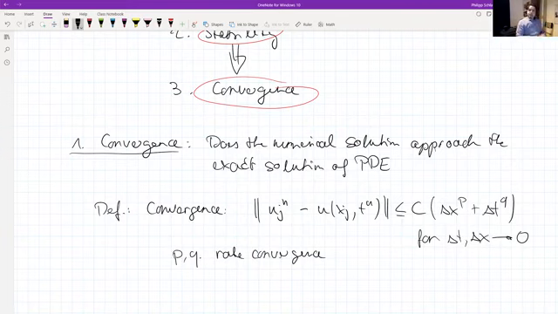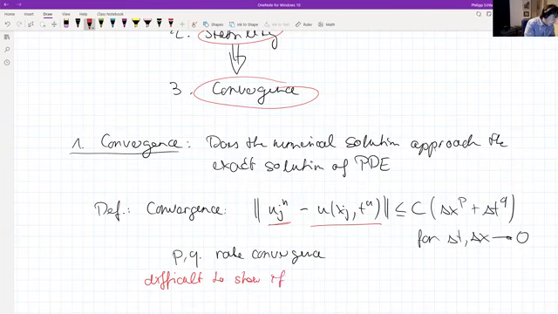So this essentially is what we want to achieve. We want to achieve that the difference between the numerical solution and the exact solution goes to 0 if the grid is refined. And as I said, this is very difficult to show, because u at x_j and t_n is actually unknown.